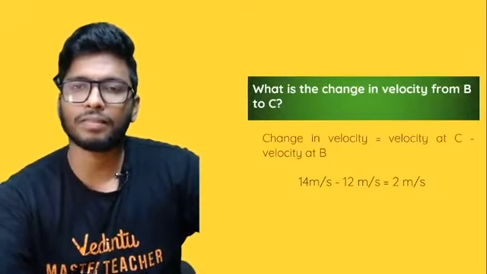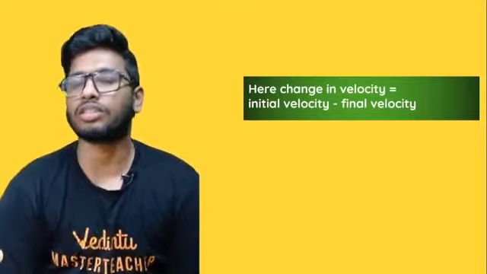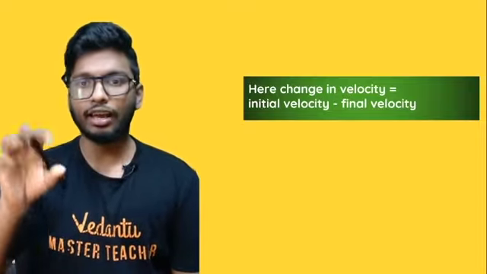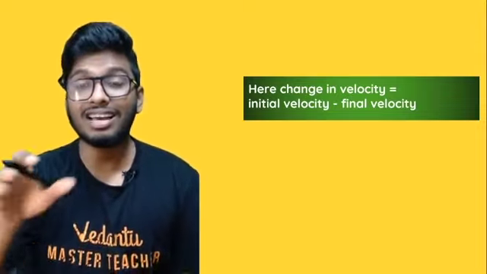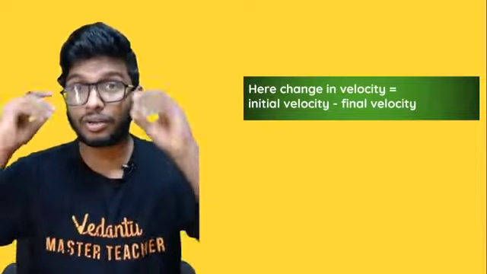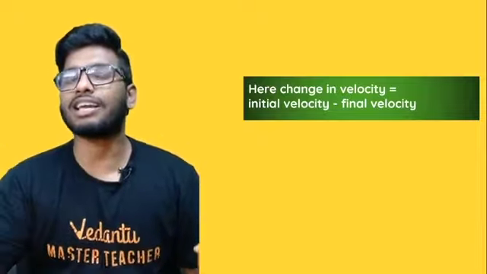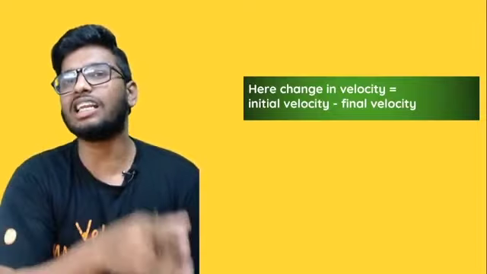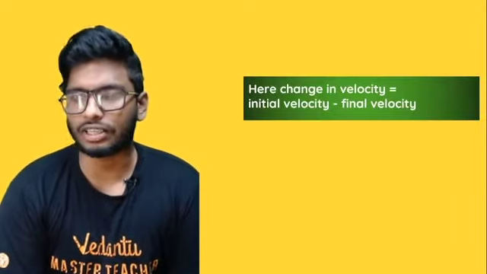Now here's the thing, people. How did you actually calculate this change in velocity? You calculated it by using the formula final velocity minus the initial velocity. You don't take it as initial velocity minus final velocity, take it as final velocity minus initial velocity.